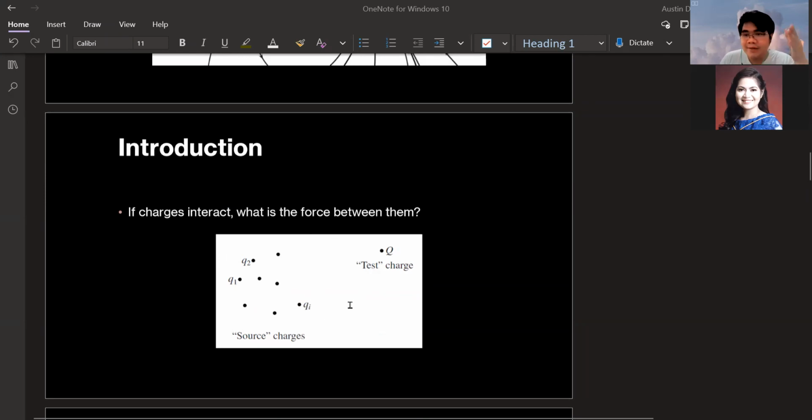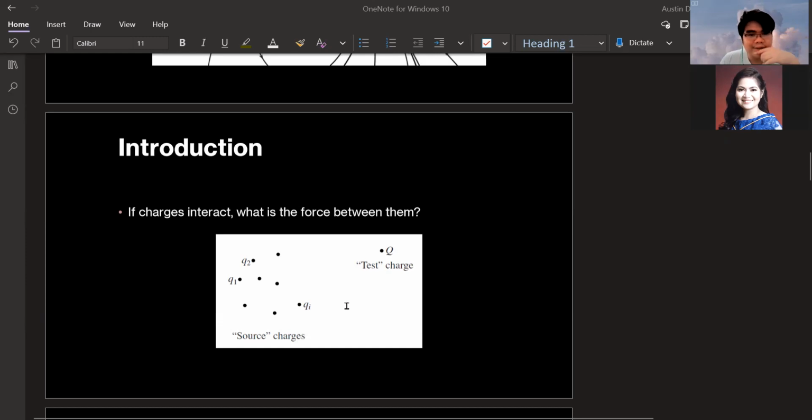And then there is a need for a test charge, which is a large Q, para ma-feel mo kung anong nangyayari, kung anong nagagawa nitong mga source charge mo. Now, for formality lang. Kasi if you're gonna dip your finger sa gitna ng mga charges, you don't feel anything. But if you're a test charge, now you can feel that something that's coming from the source charges.